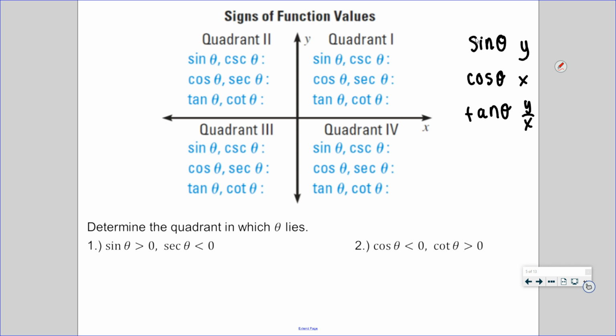So wherever we're at in quadrant 1, I have positive x coordinates and positive y coordinates. And if I have a positive divided by a positive, what am I going to get? Positive. So if my angle's in quadrant 1, everything's going to be positive. All trig functions.